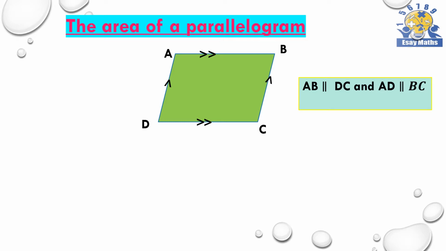And you can see I have put one arrowhead to the side AD and BC. It means the side AD is parallel to the side BC. And we know the opposite sides are equal in length. So AB is equal to DC and AD is equal to BC.